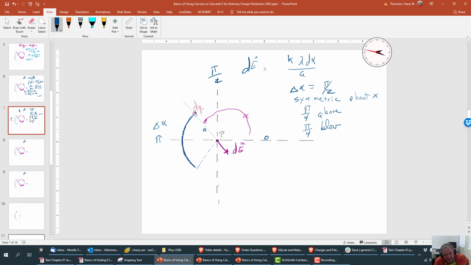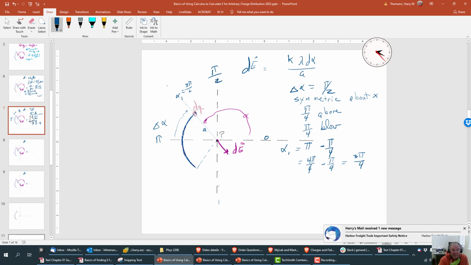So that means that above the start point, alpha 1 is going to equal pi minus pi over 4, because this is the distance up to here. One little trick is to say 4 pi over 4, which is the same thing as pi, minus pi over 4, which gets us 3 pi over 4. So alpha 1 equals 3 pi over 4.